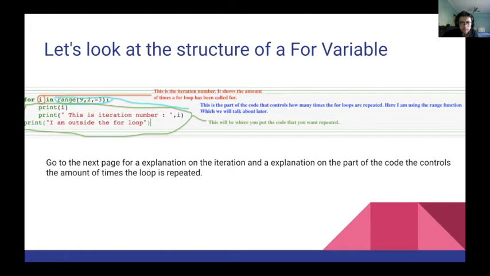And this is the range statement. In the range statement, you can put any integer. You could put a variable that's an integer, and then Python will do it that many times.